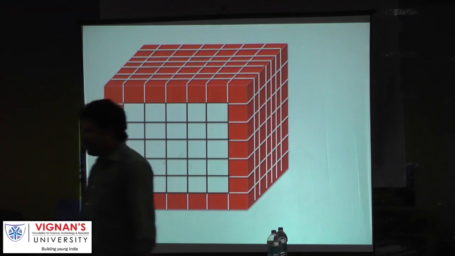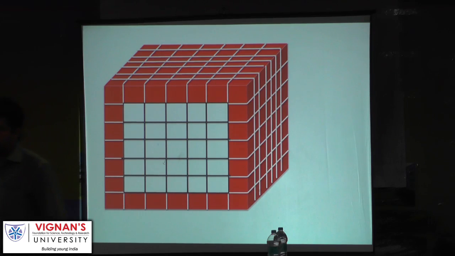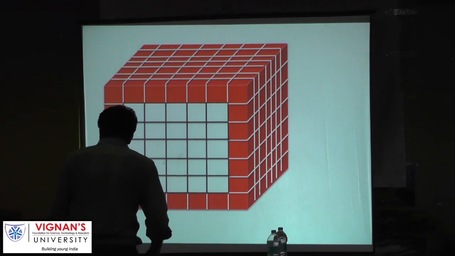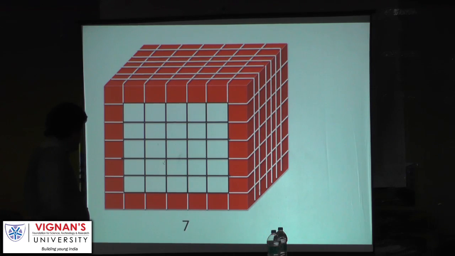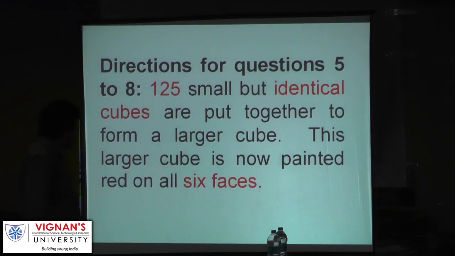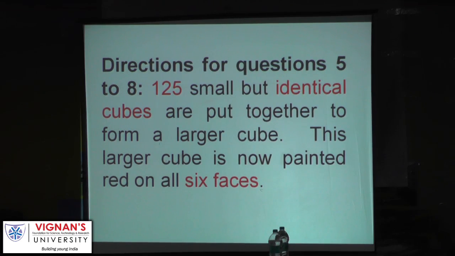Minus 5 cube, 125. 343 minus 125 is 218. A simple way to think about it. Understood? So 7 by 7 by 7 is 343, and the difference 343 minus 125 is 218.